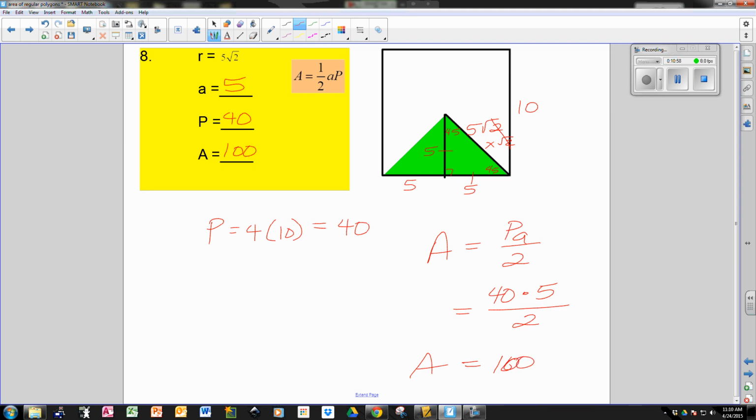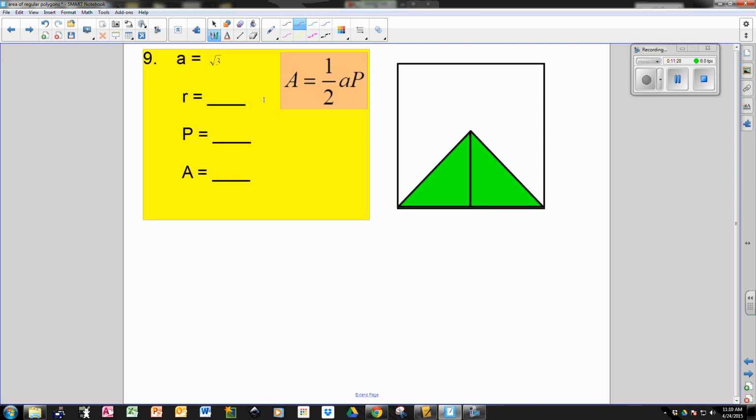This would be units squared, whatever the units may be. The cool thing about a square is we actually have several formulas that we can use, because you also have side squared. So you could have used that one once you knew this. That would have been 10 squared, which would have been 100, and that would have been okay too. So depending on what information is given, you actually can use any of the formulas.